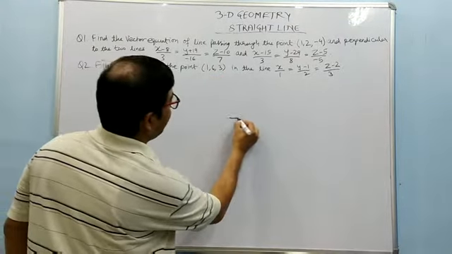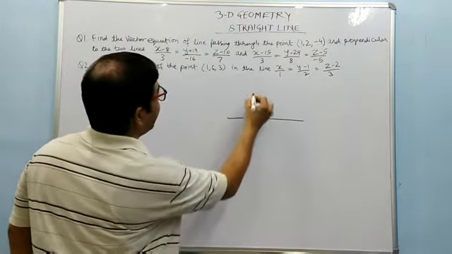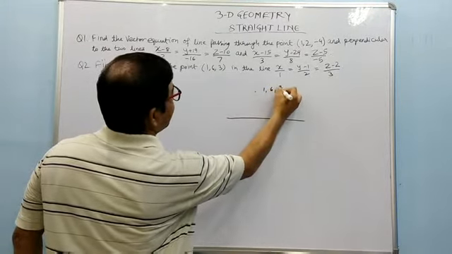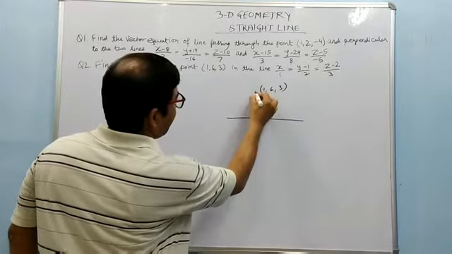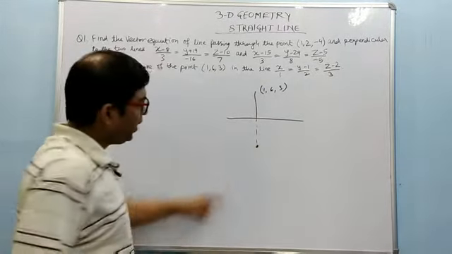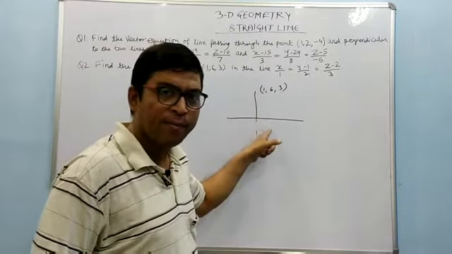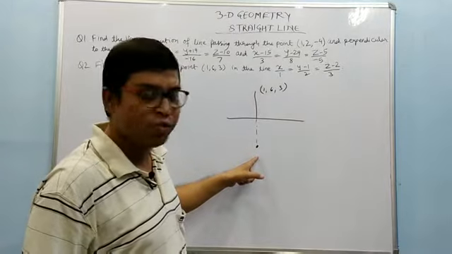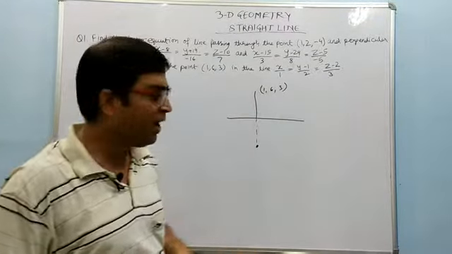You just draw the diagram. The line is here, the point is 1, 6, 3. So for finding the image, we need to find this point where the line joining the point and its image meets the given line.